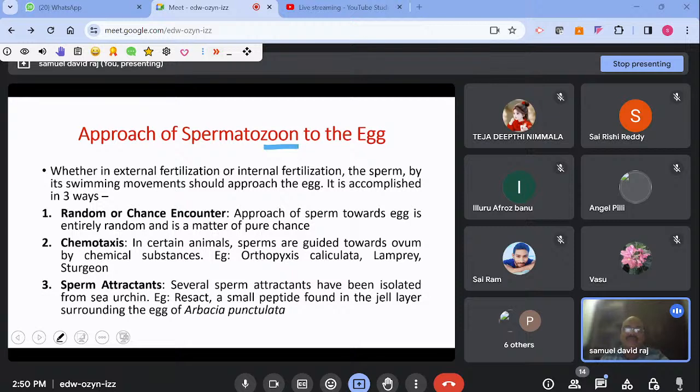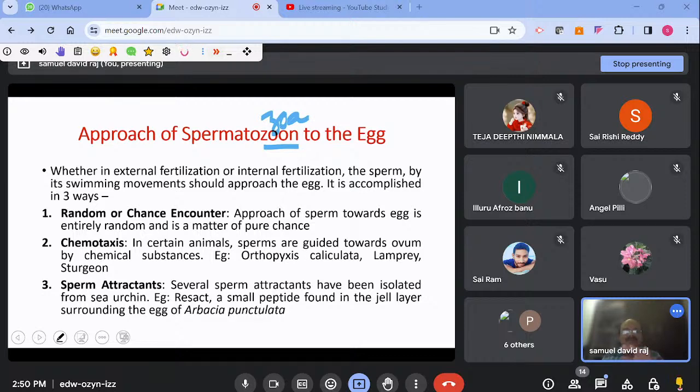If it is zoon, it is singular. If it is zoa, spermatozoa, it is plural. So, the approach of the spermatozoon to the egg. Whether it is external or internal, the sperm has a tail, which is nothing but a flagellum.